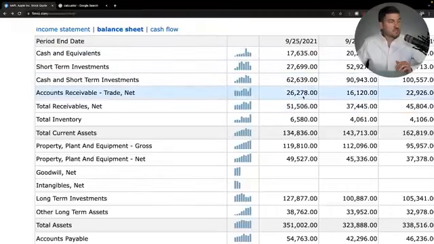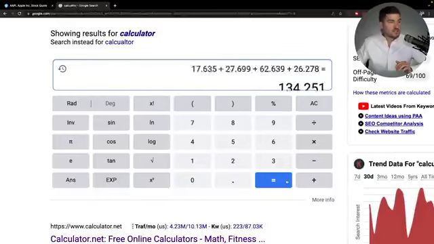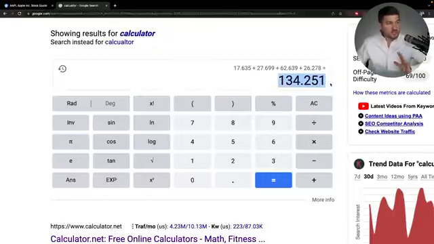Accounts receivable is 26.278. That gives us a total of 134,251,000,000. But let's just do 134.251 for easy numbers.